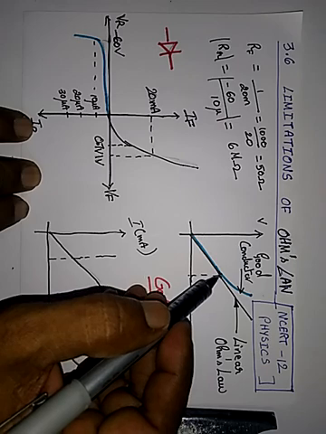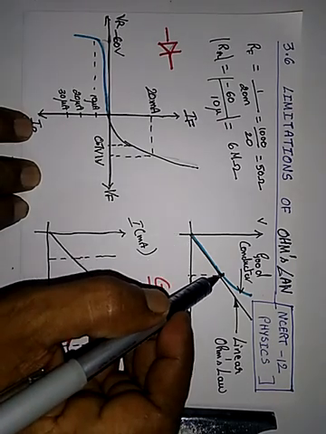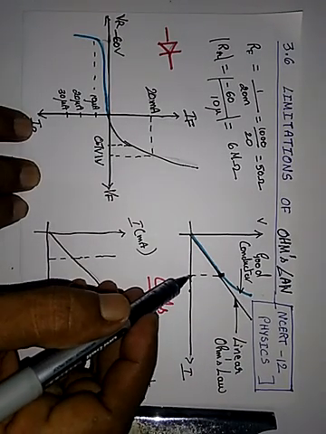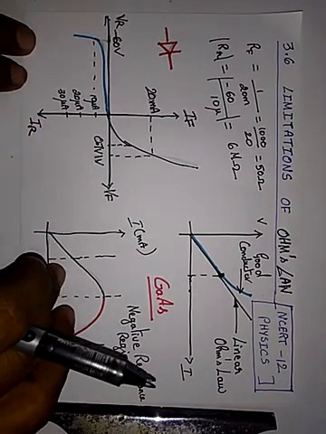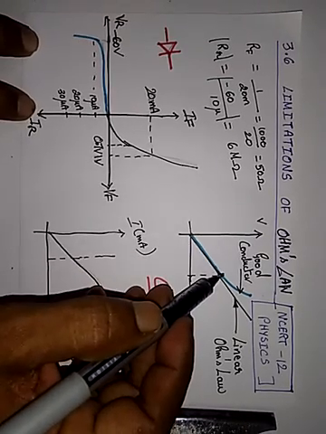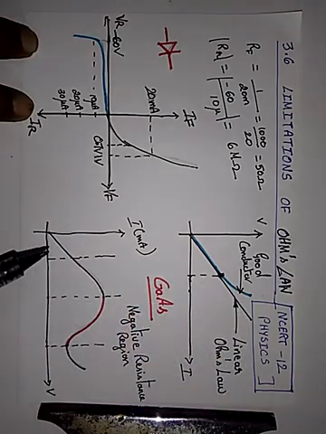So up to this point, it obeys Ohm's law. Afterwards, it does not obey Ohm's law, that is, after some critical current. Okay, that is the first point. So here it obeys Ohm's law, and afterwards, it is not obeying Ohm's law.